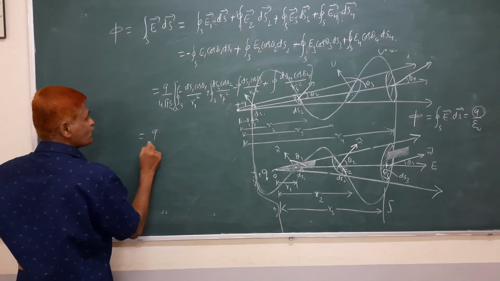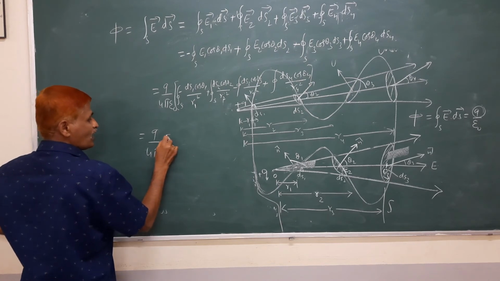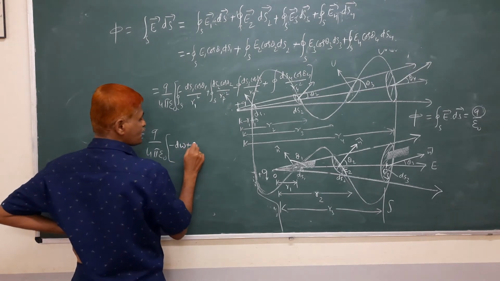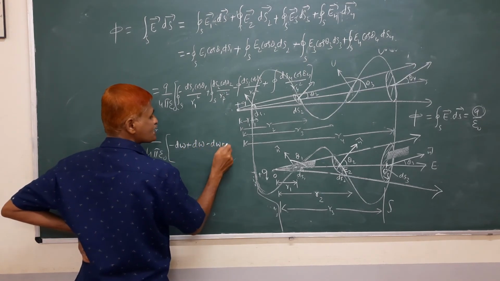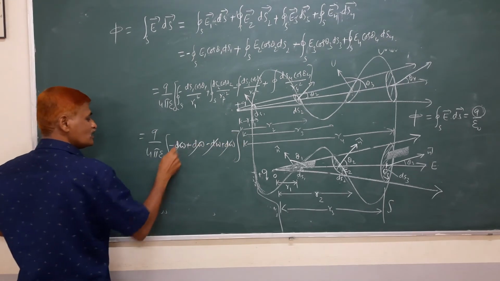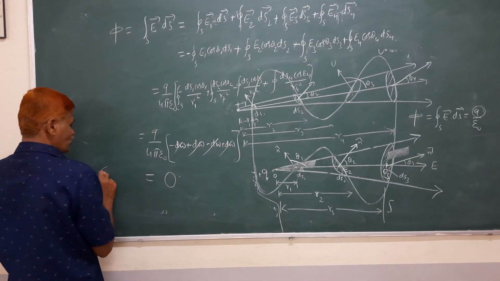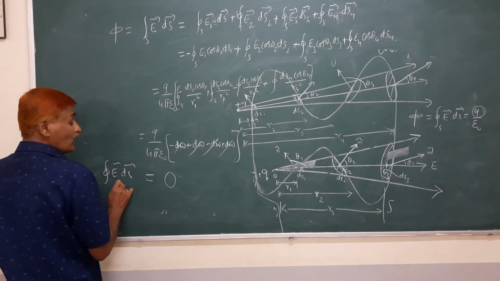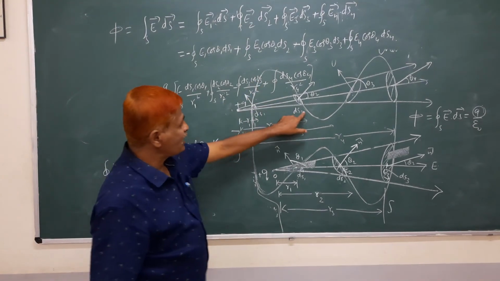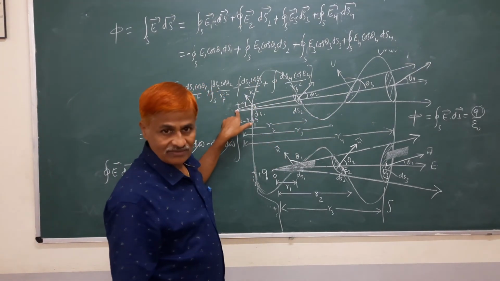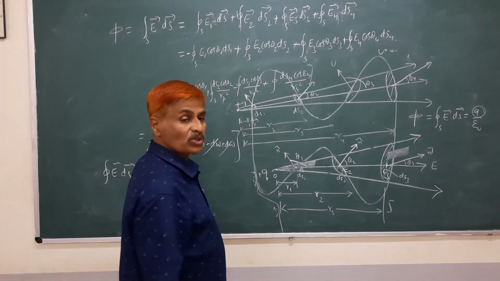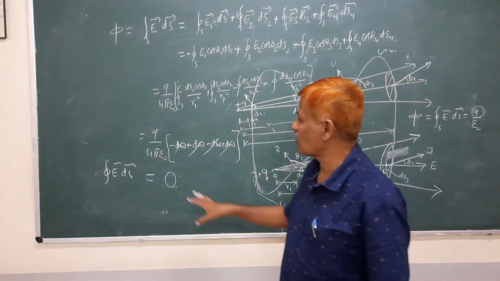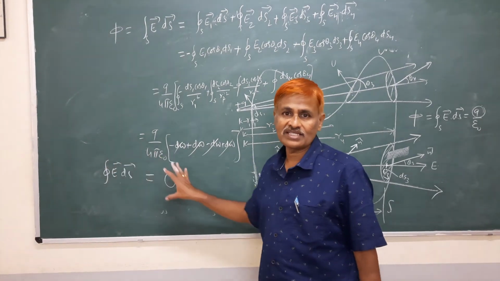Or you can write this as q divided by 4 pi epsilon times minus d omega, plus d omega, minus d omega, plus d omega. That becomes 0. So the surface integral E dot ds for a surface not enclosing the charge, because the charge is outside, is 0. The total electric flux is 0, because whatever is incoming goes out, so the net outward flow is 0.